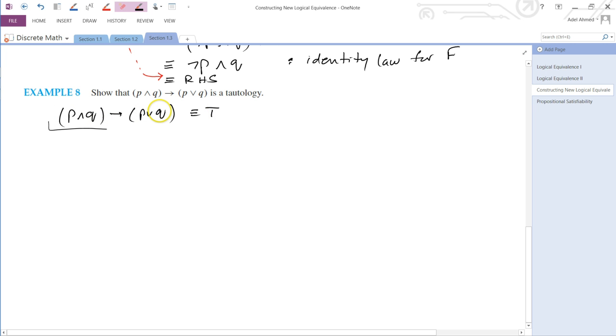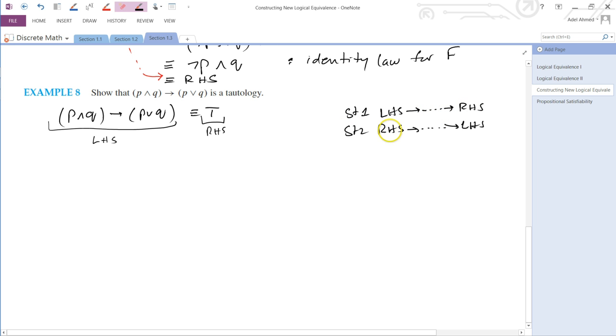Here I can identify the left hand side and the right hand side. Now you've noticed that I can use strategy number 1, which is going from the left hand side all the way reaching the right hand side, or I can use strategy 2, which is starting from the right hand side going all the way to the left hand side, or I can do strategy number 3.